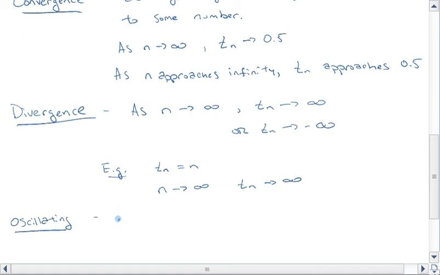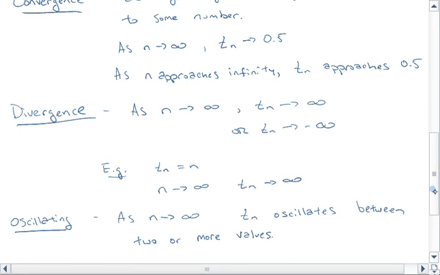So as n approaches infinity, Tn oscillates, so that just means goes back and forth between two or more values, right? So the values might be like +1 and -1, and the sequence might just keep going back and forth between something really close to +1 and really close to -1, for instance.